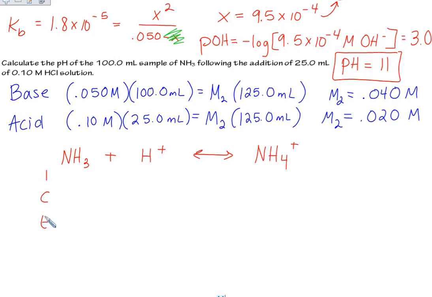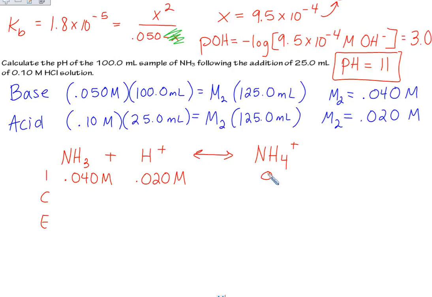ICE. Let's see what we have. My ammonia concentration is now 0.04. And my hydrogen from the acid is 0.02. Initially, I do not have any of this product, the ammonium ion. So in a sense, this is the stoichiometry part. I want to react these two reactants as completely as possible. One of them is probably limiting.